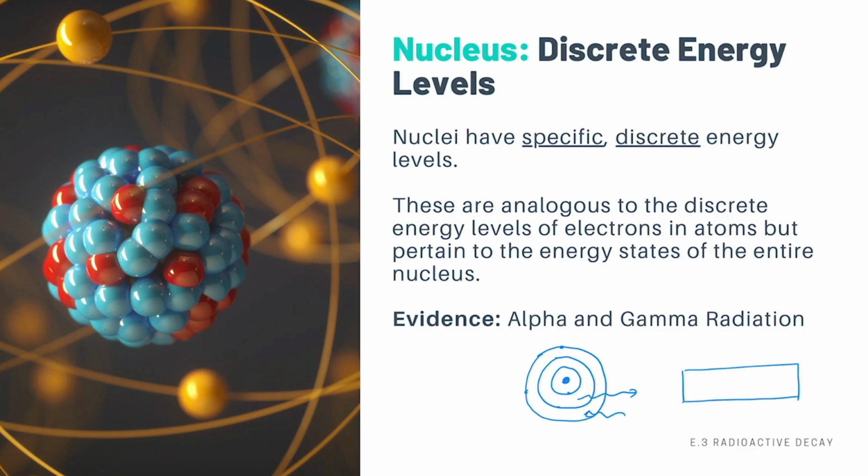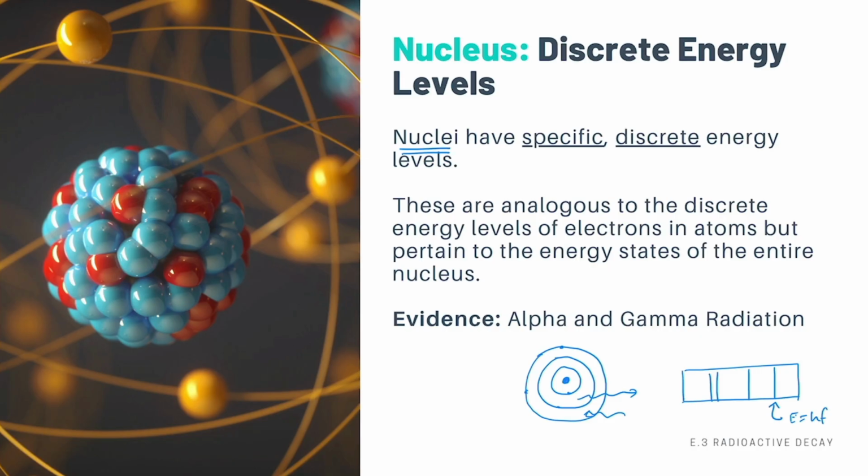And we know that these energy levels are discrete because the spectrum has certain frequencies that relate to the energy levels of those electrons.